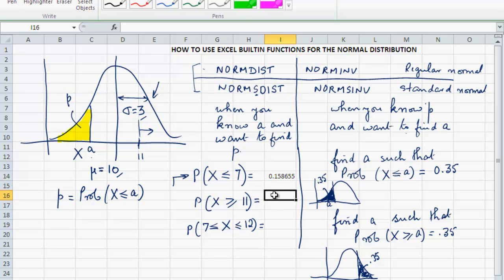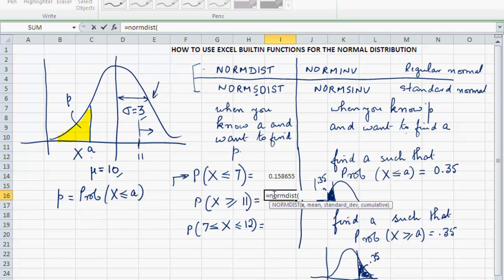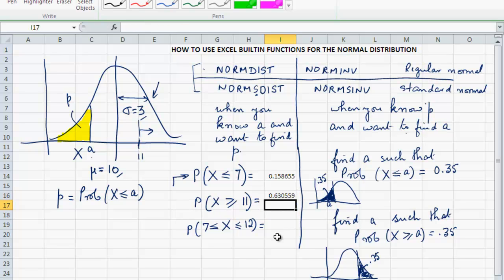Okay, so let's first do equal to norm dist 11, the mean is 10, the standard deviation is 3, and cumulative is 1, and we get a number. Okay, it's 0.63.